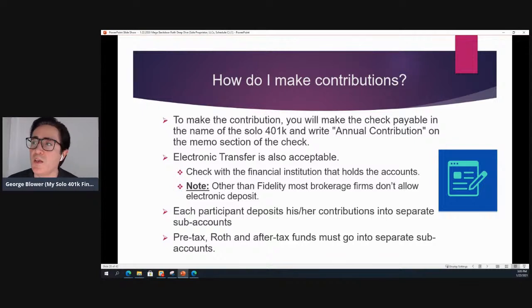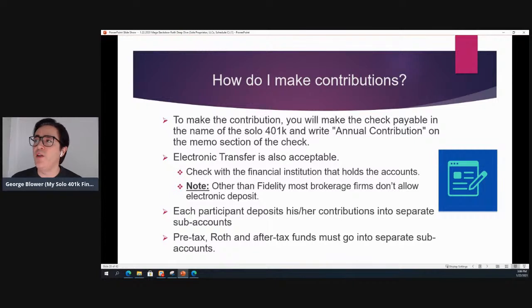You cannot use investment income as a basis to make a solo 401k contribution. So it's got to be that. You always start out with your earned self-employment income. The idea is that the 401k is for a person who has earned income to make contributions to save for retirement, not for investors to be able to take their investment income and put it into a retirement account. So it's got to be that earned self-employment income as a basis and the starting point.